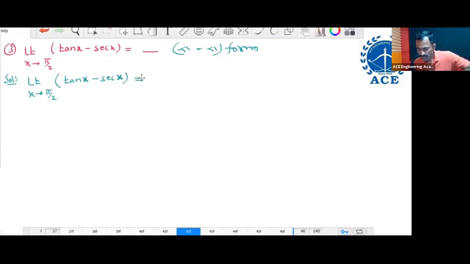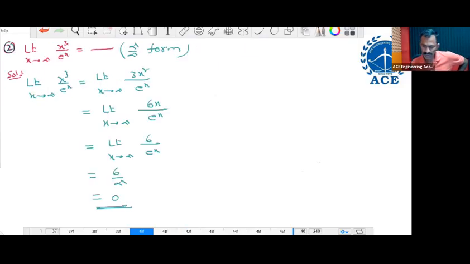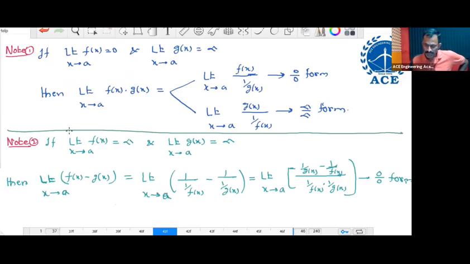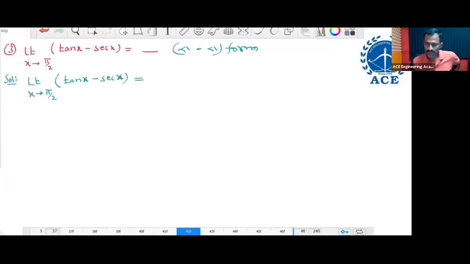Just now we have written the note point like this: infinity minus infinity. We are going back to that page, page number 41F, note point number 2. Something minus something will be reduced to something by something form. For this, we shift f of x and g of x to the denominator. Doing that here, this will be 1 by tan x minus 1 by secant x.